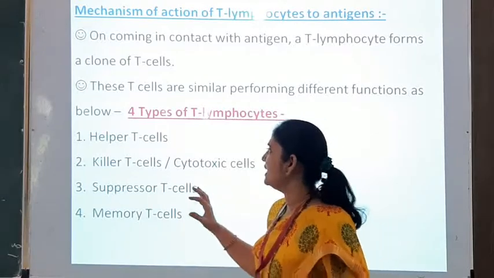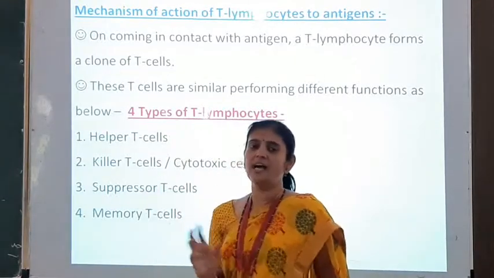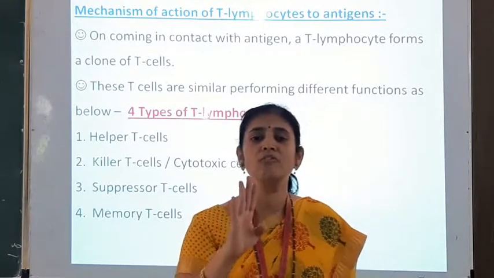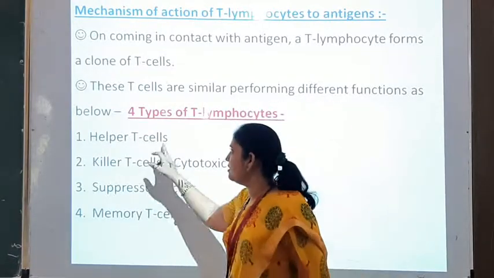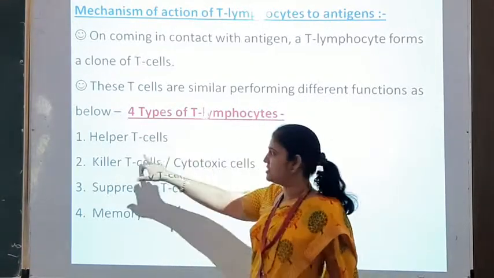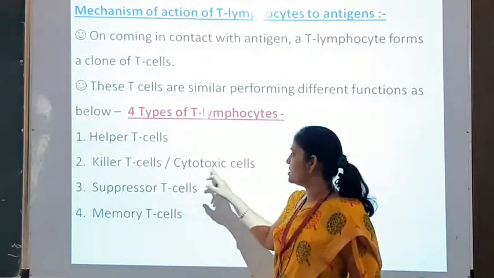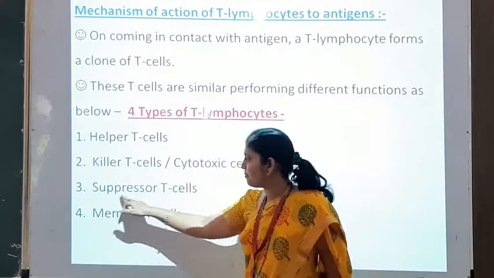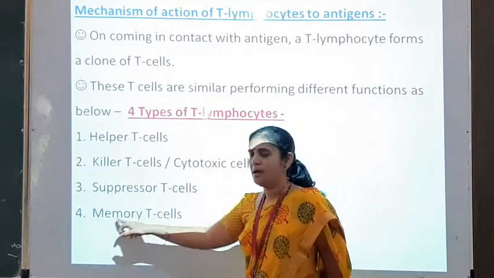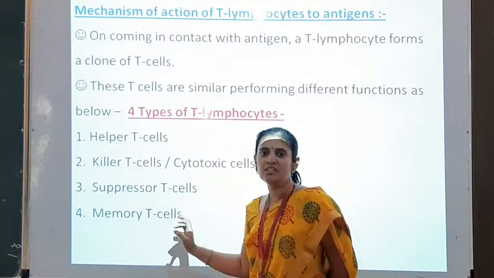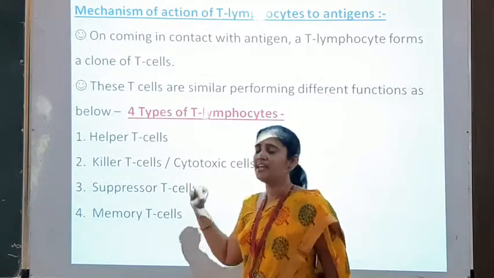So accordingly the T cells are given 4 names because they perform 4 functions. So here are the 4 types of T lymphocytes: helper T cells, killer T cells or cytotoxic cells, suppressor T cells and memory T cells.